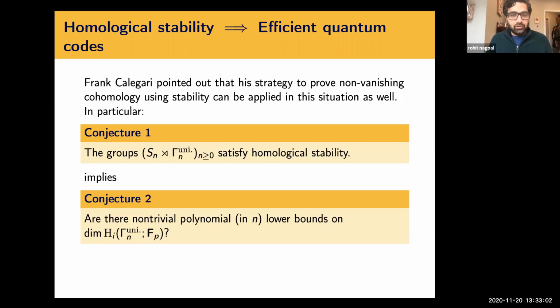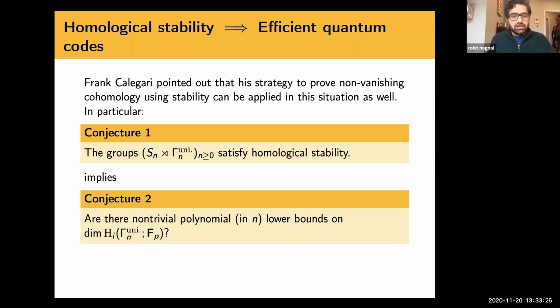That means if we can prove homological stability for these semidirect products of S_N with the unitary congruence subgroup, then we will have non-trivial lower bounds. And if we have non-trivial lower bounds, we will have very efficient quantum codes, as I explained earlier. So far, this is just a conjecture.